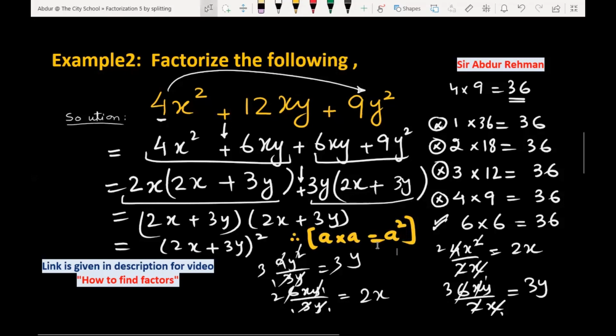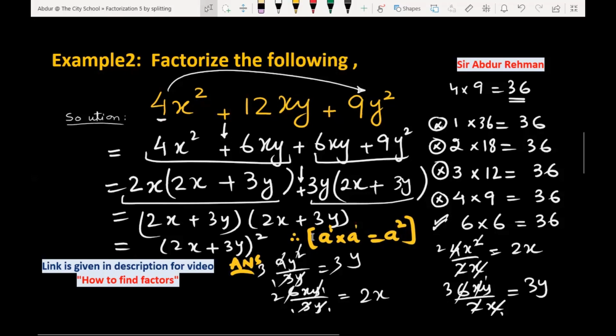When bases are the same, powers will be added. So with the help of the laws of indices, we can write 2x plus 3y whole square. This is our final answer: the final factors of 4x square plus 12xy plus 9y square.